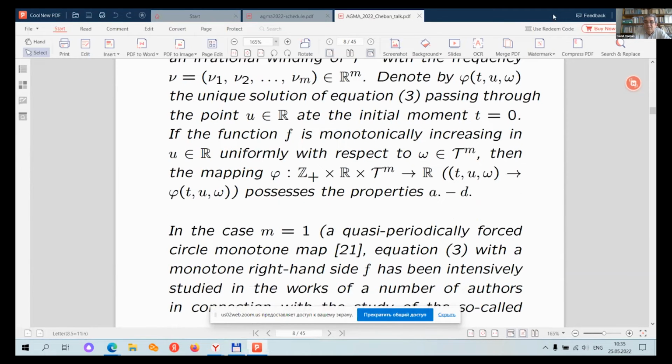Of course, I suppose here that the right-hand side f is monotone with respect to the spatial variable u.